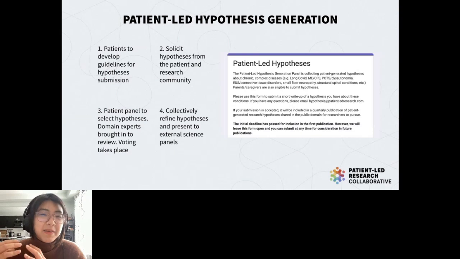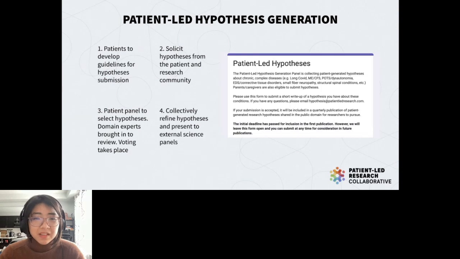Then we have a patient panel that we selected to look at the hypotheses, assess the evidence based on what we know from other post-viral illnesses, but also the domain expertise of the people on our panel. We sometimes also bring on external experts to help review, and we vote for the hypotheses to move forward to publish.